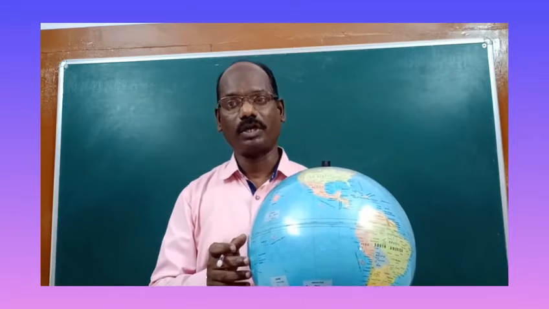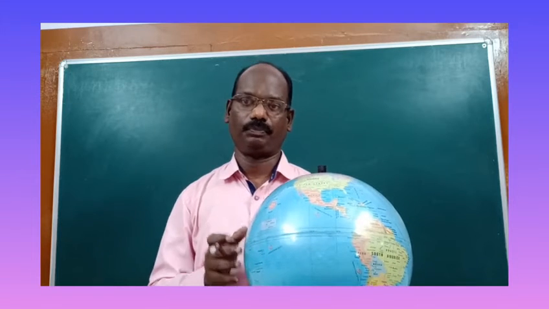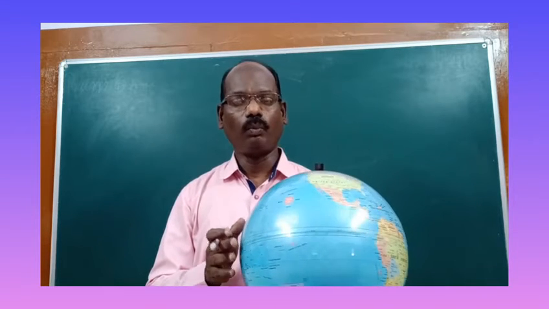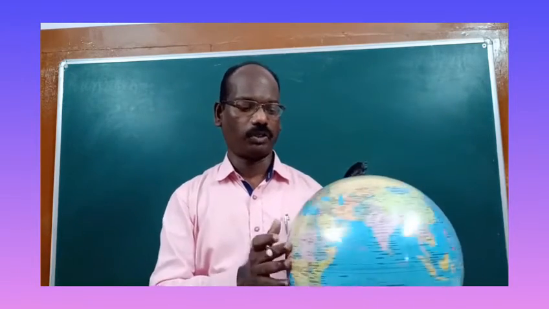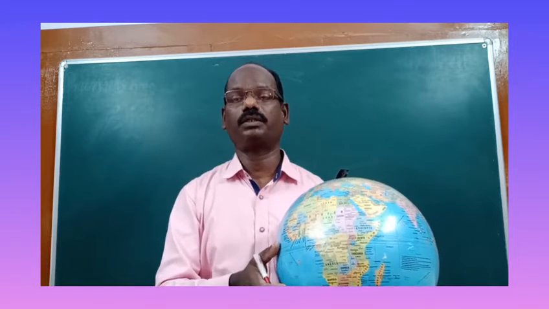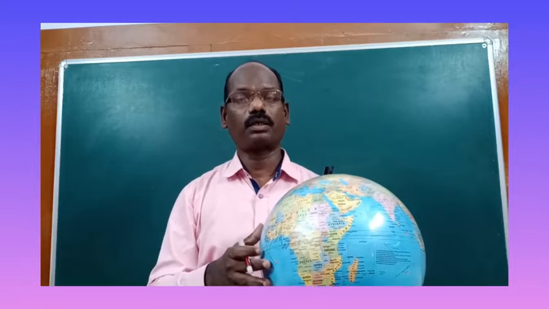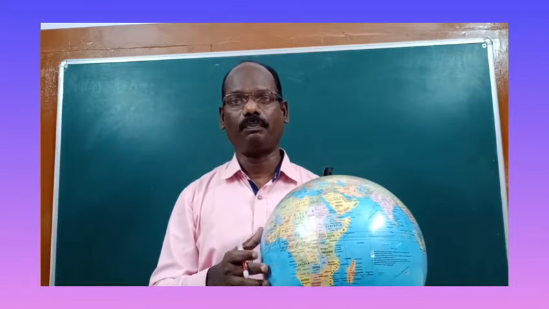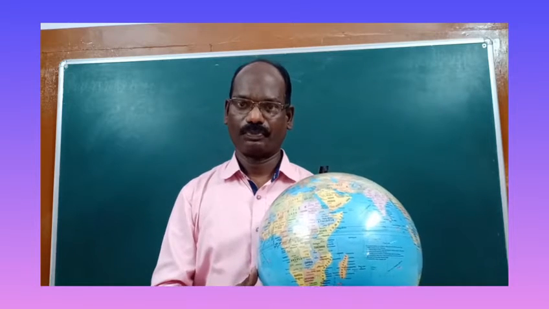That time in India we call Indian Standard Time. And when the sun shines just above the Greenwich line, that time is considered as noon in Greenwich. The international time is always calculated based on the noon time of Greenwich.